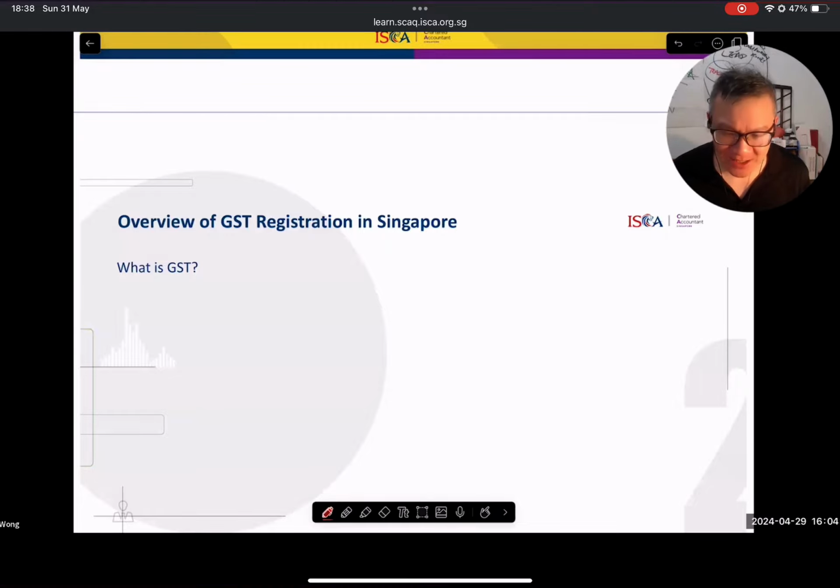Now, the targeted audience for this topic particularly would be those who have a new business. Okay, so you may have an existing company who has already been GST registered. And for some reasons, the company would love to expand the business, and it's not expanding the business within the same entity.